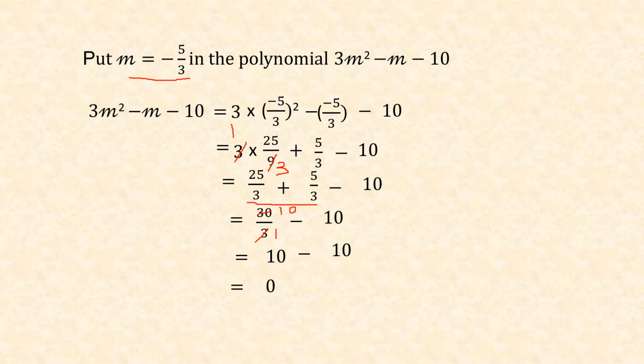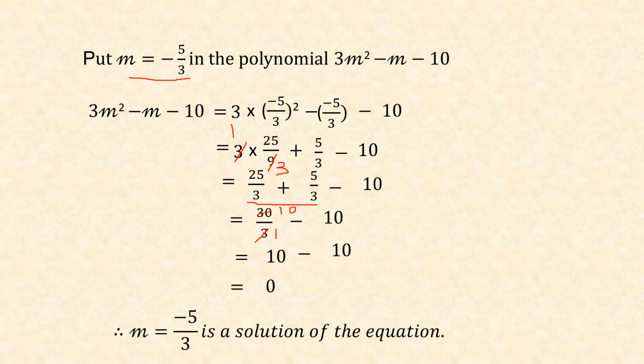When we put the value of m, that is minus 5 upon 3, in the polynomial part of the left hand side, the answer comes 0. Therefore m is equal to minus 5 upon 3 is the solution of the equation.